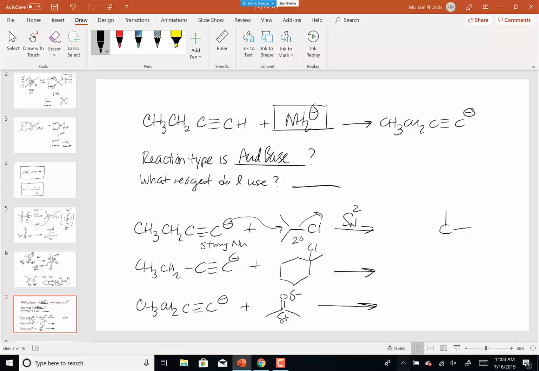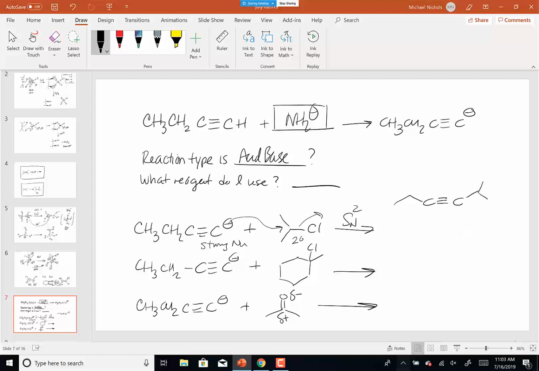And so we're going to end up with those two groups. There's an H here. And then we're going to end up with the C triple bond C with the ethyl group on that side. So that's horrible looking. That's better.